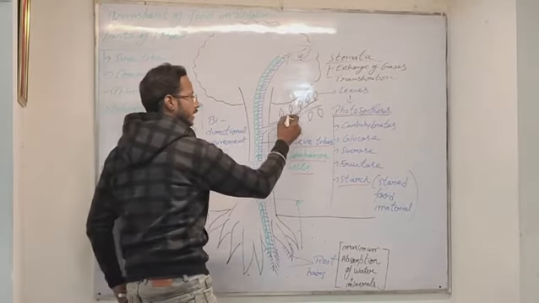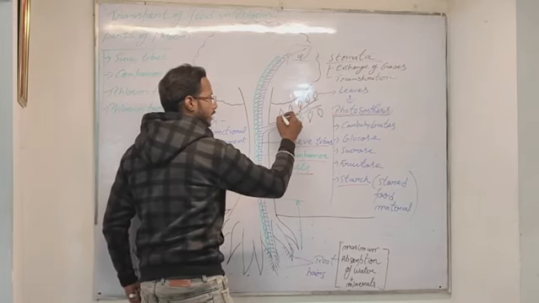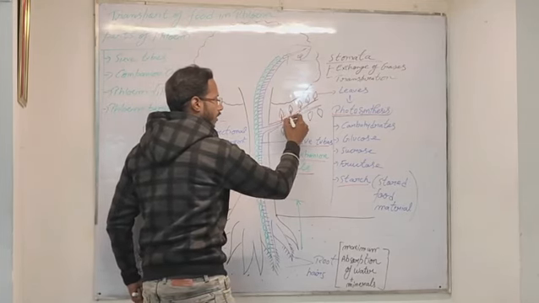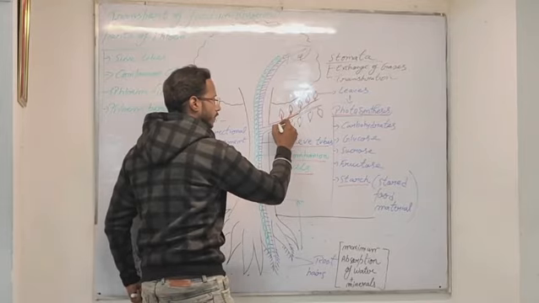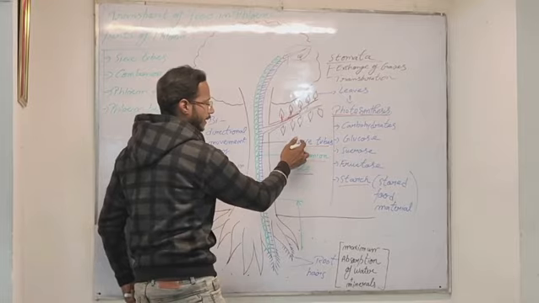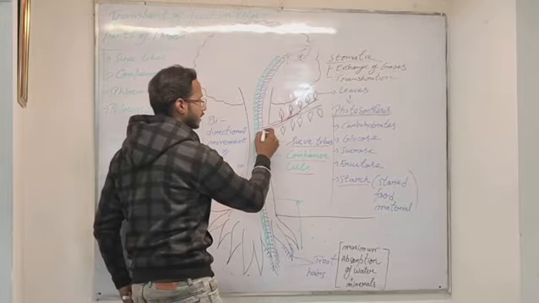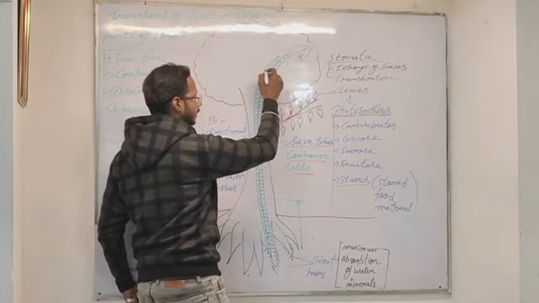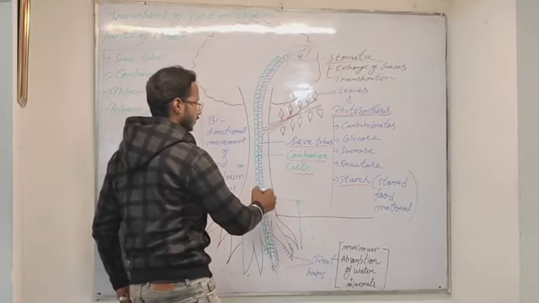Now listen very carefully. When the leaves are giving the food, and the food is coming through the phloem parts, that is sieve tube and companion cell, this food is transported in both upward direction and downward direction.